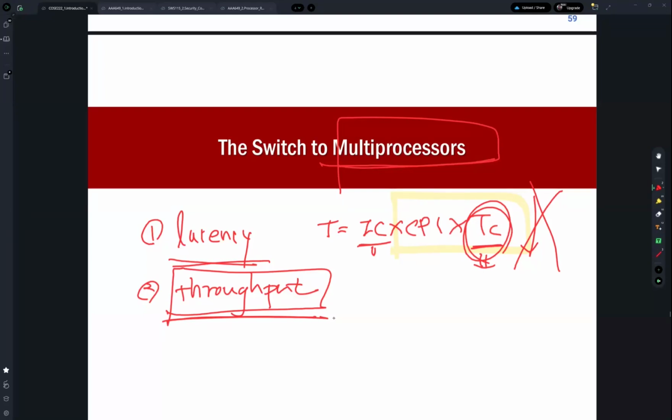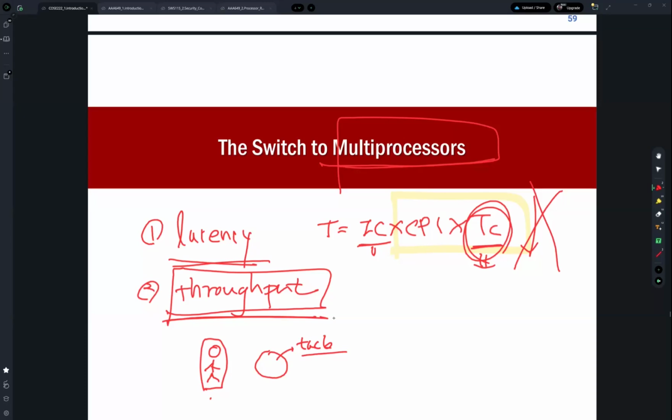How? Think like this. There is one worker, and this is the task, the workload that needs to be done by this worker. Then we want to increase the performance. One way to increase the performance is to increase the performance of a single worker, right?